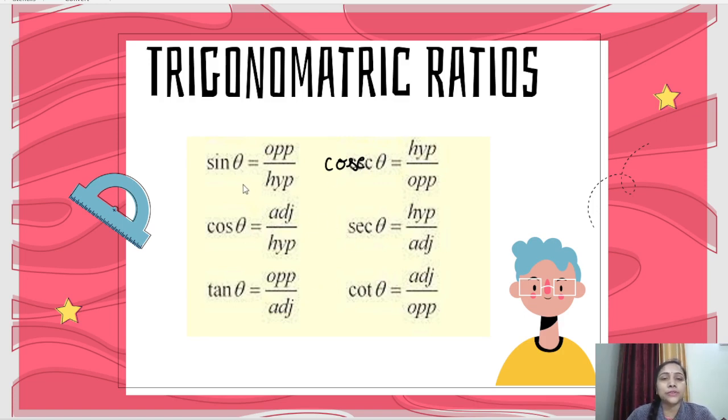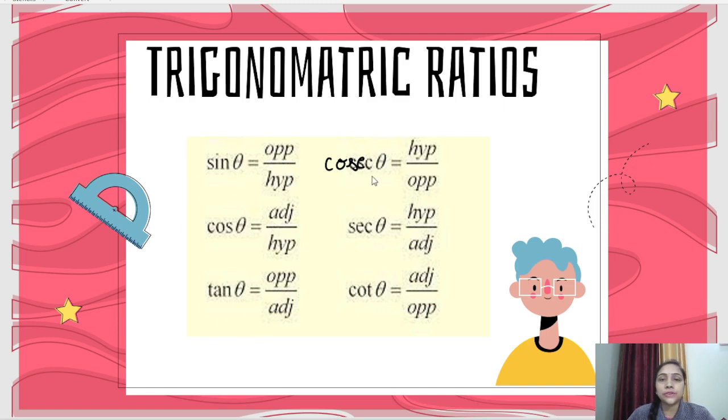Sin theta is equal to opposite side upon hypotenuse. Cos theta is equal to adjacent upon hypotenuse. Tan theta is equal to opposite upon adjacent. And these cosec, sec and cot theta are just reciprocals of these three trigonometric ratios.